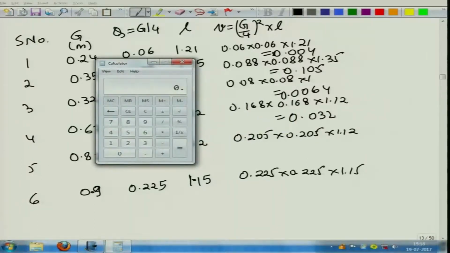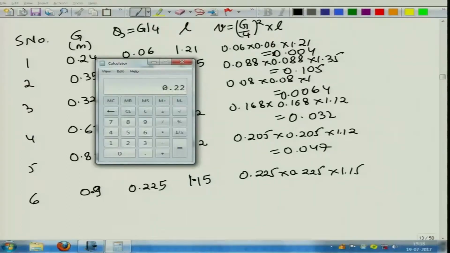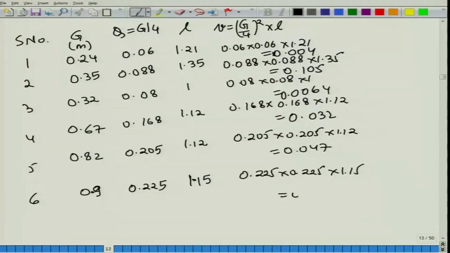Next, you have 0.205 into 0.205 into 1.12, which is 0.047, and the last one is 0.225 into 0.225 into 1.15, which comes to be 0.058. So, this is the volume of one log.